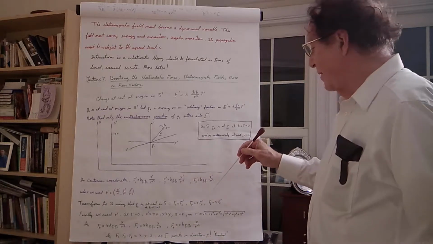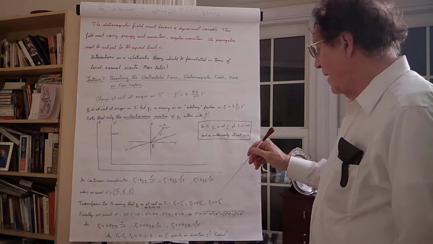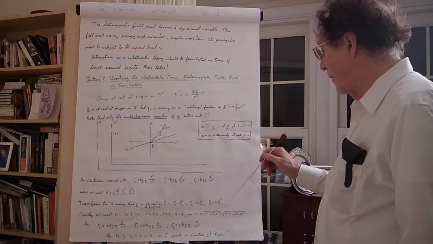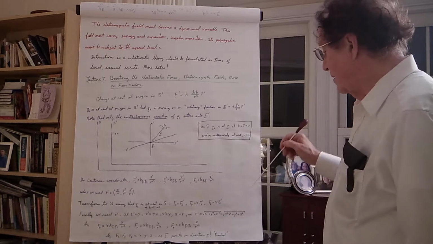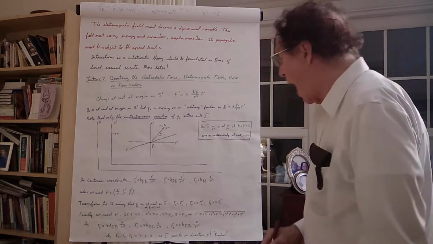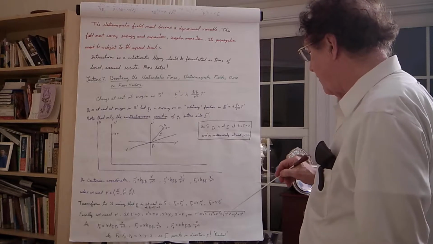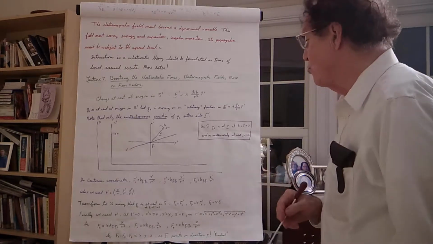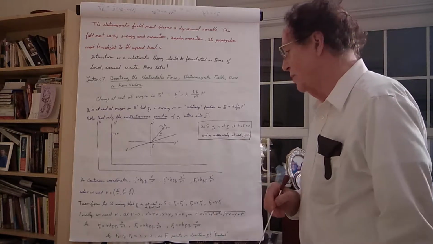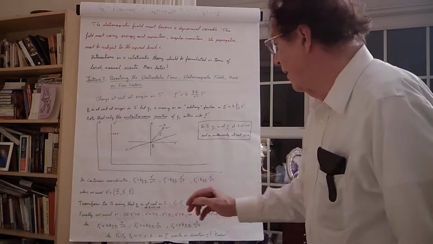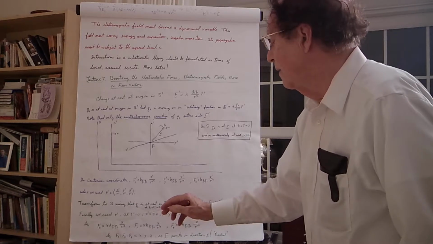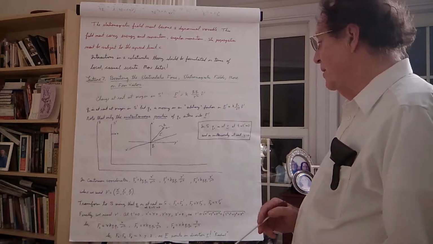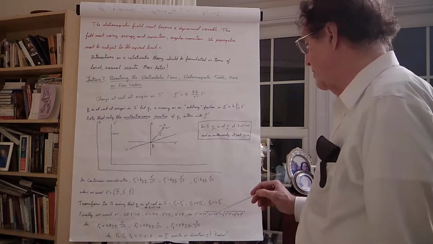So then I can take the distance r prime, that's x prime squared plus y prime squared plus z prime squared, and just evaluate it now in terms of x, y, and z. I get a factor of gamma squared in front of x squared because there's contraction in the direction of the boost. So now I can write for you the force in the frame S in the x direction, y direction, and z direction.